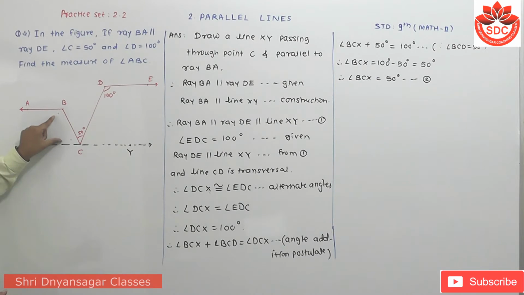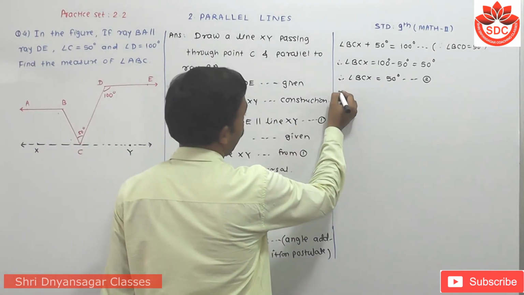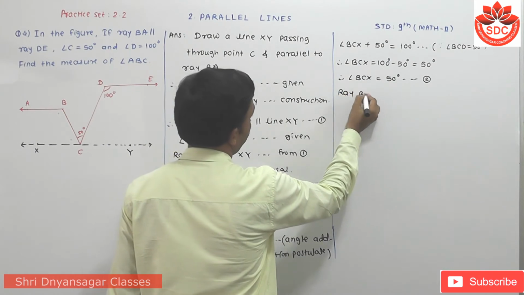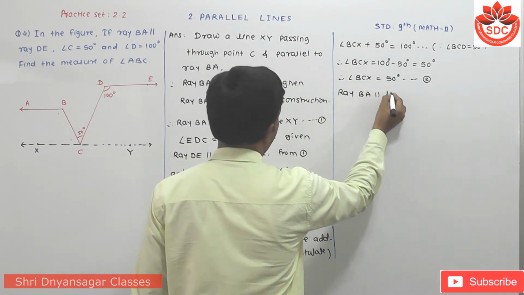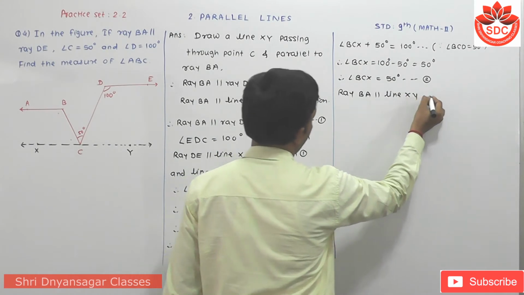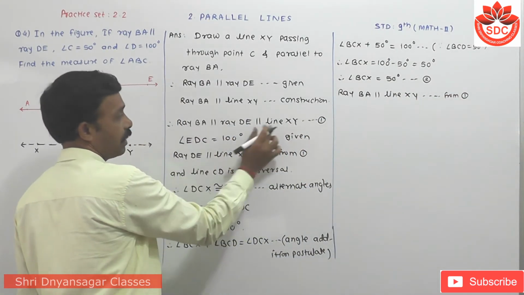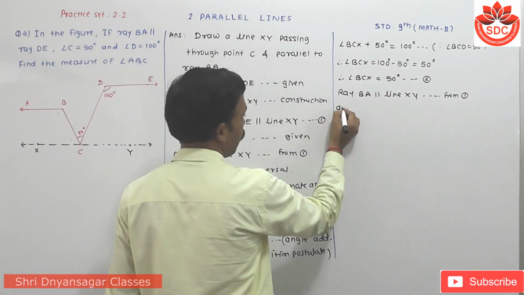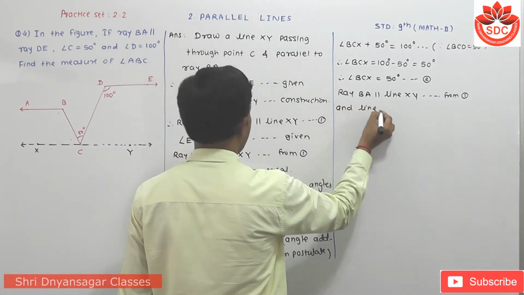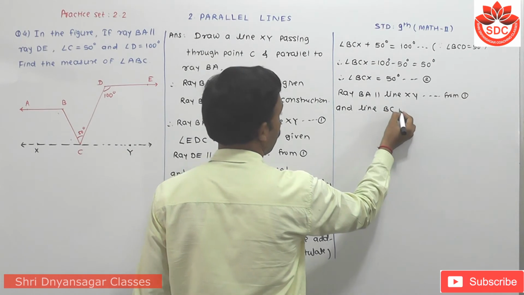Then these interior angles are supplementary. Then how to find out? Look carefully here. Ray BA is parallel with line XY. This is from first. BA is parallel with line XY and line BC is transversal.